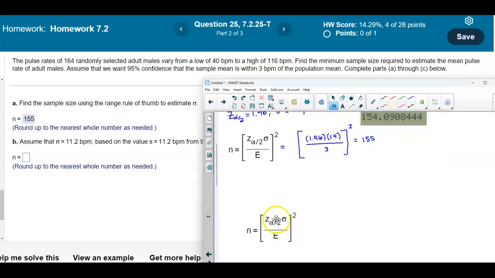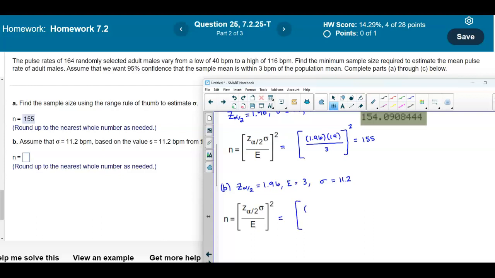For part B, we're still going to use the same formula and the same critical Z value, which is 1.96. The margin of error is still 3, but now we assume that the population standard deviation is 11.2. We plug that into our formula to find the sample size.